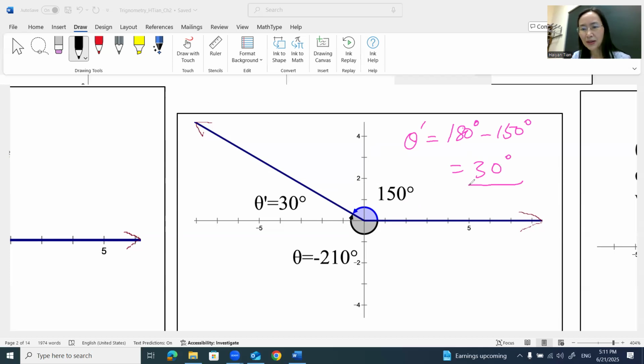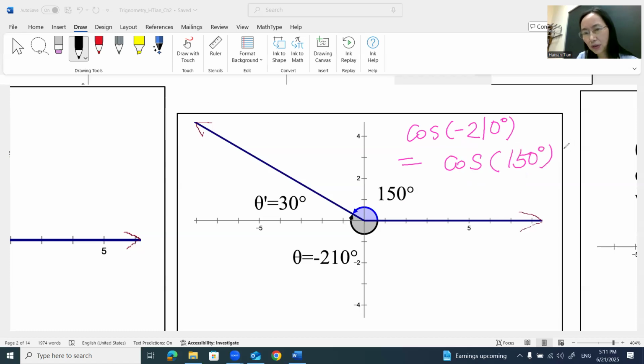Now, once we find the reference angle, the goal is to find the cosine value at the given angle. So we want to find the cosine value at negative 210 degrees, which is the same as the cosine value of 150 degrees, because 150 degrees is coterminal.